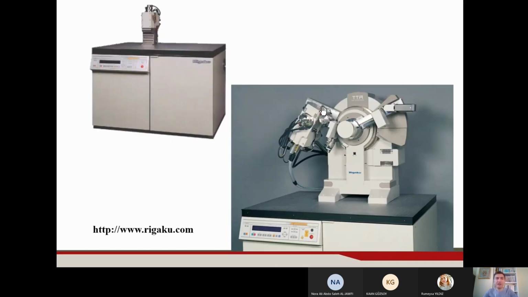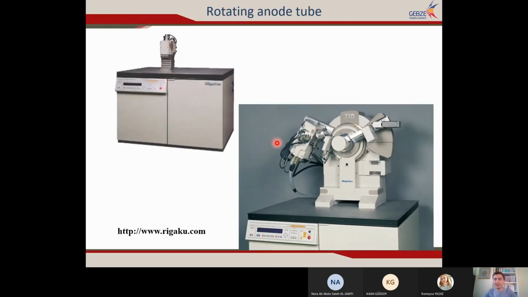So this rotating anode tube is fixed, and this one is on the goniometer. You can move this rotating anode tube by using computer programs, okay? You send a command, just move this one to this angle, okay? So it can be moved by using the computer-controlled goniometer. Do you have any question here related to the rotating anode tube?